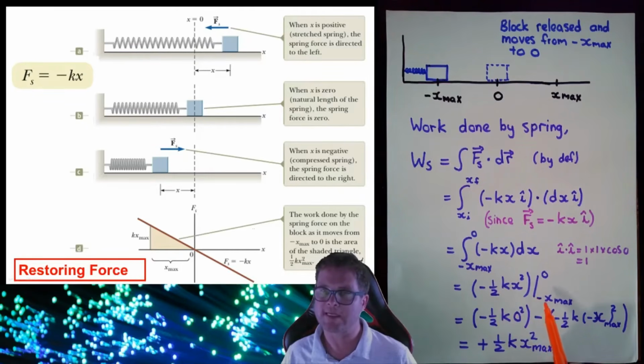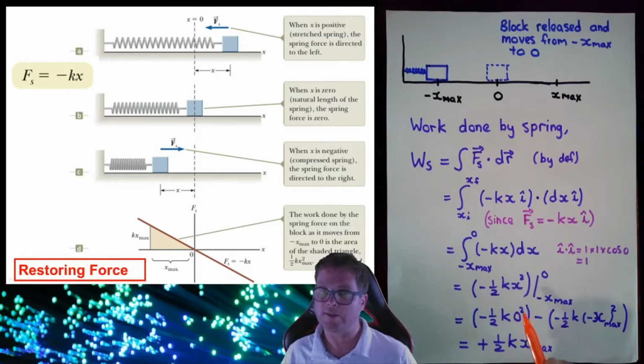As before, we write our integration bounds as shown. When it comes to evaluating this integral, we first substitute the 0 in. Wherever we see an x, we write a 0. So this gives us half k times 0 squared minus, now what we do is wherever we see an x, we write minus x max. So this is then minus half k times minus x max squared.